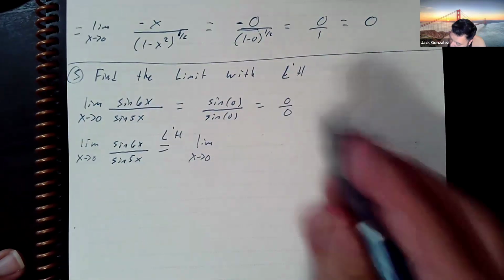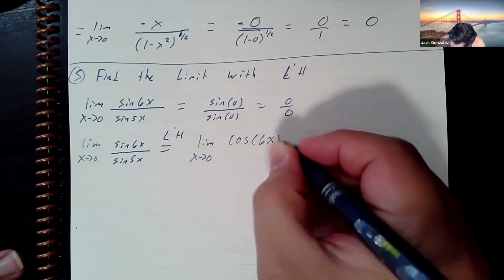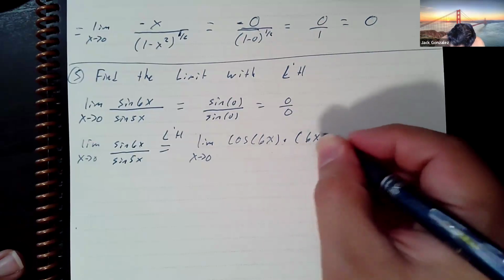So the derivative will be cosine of 6x times the derivative of 6x, remember?